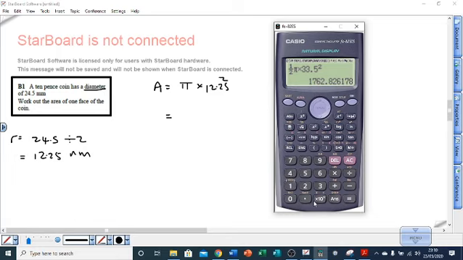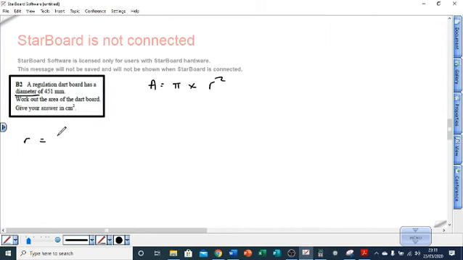You've been given the diameter, so the radius is 451 divided by 2, which is 225.5 millimeters. Then I square the radius and work that out with shift pi times 225.5 squared.